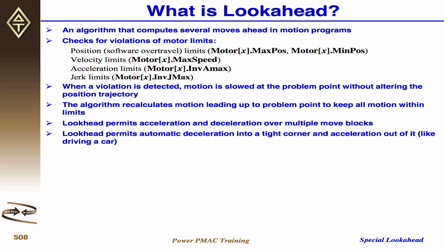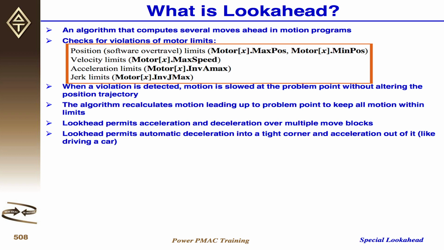Once you set this, you can also check the position travel limits with your software travel limits. Negative limit with Motor[x].MinPos, and the positive limit Motor[x].MaxPos. So it will check these limits.